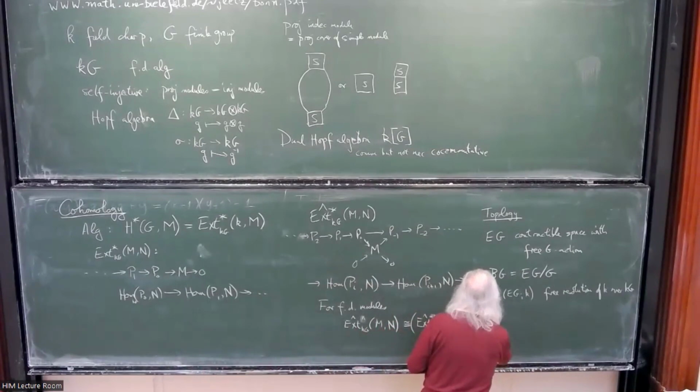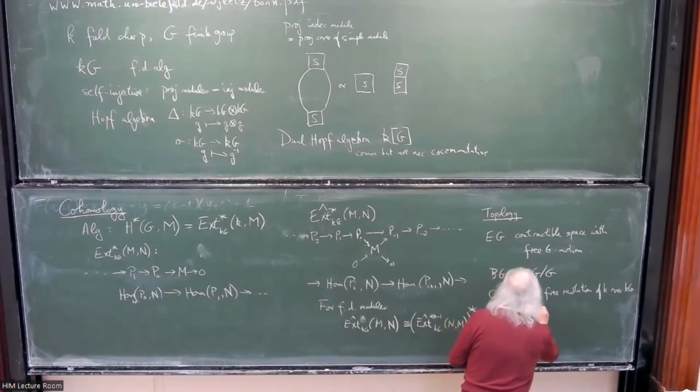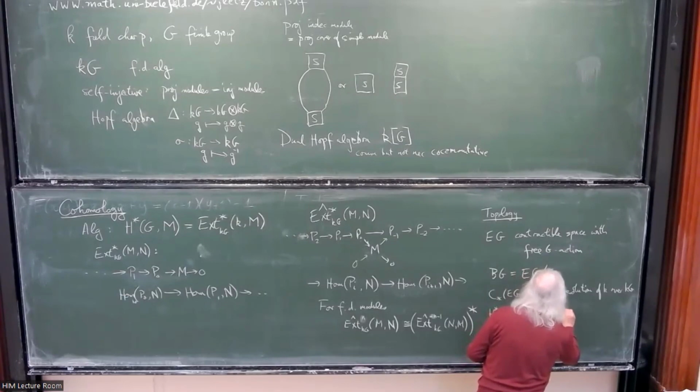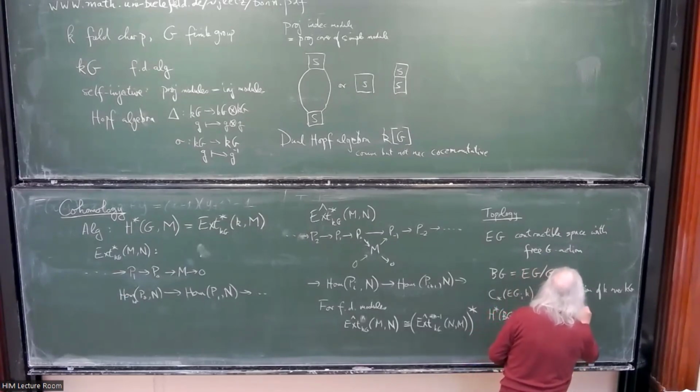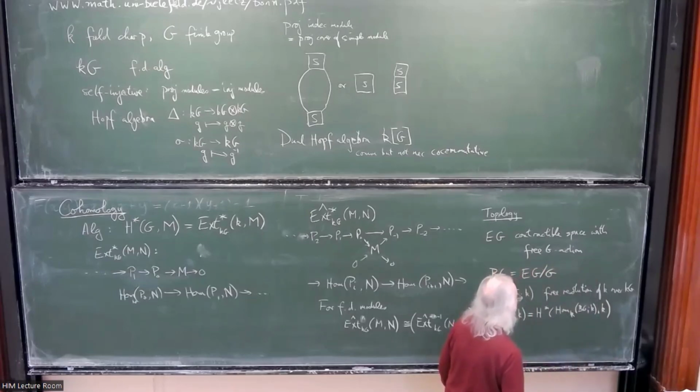So the cohomology of BG, which is the cohomology of, how do you take cohomology of a space? You take Hom from the singular chains into K. Have I got enough brackets?